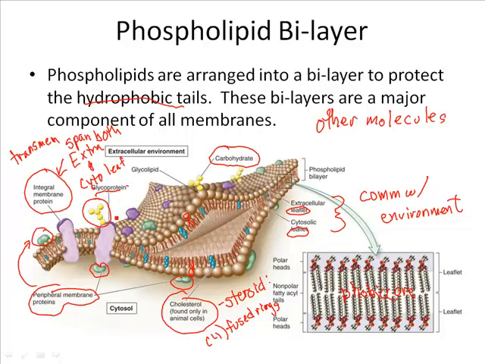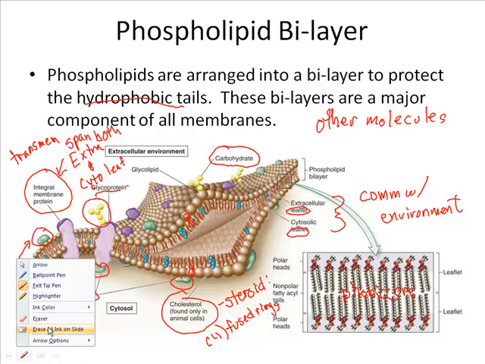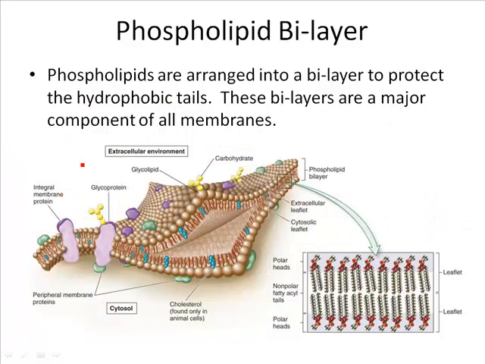Now recall, where was this glycoprotein added to the protein, and where was the glycoprotein modified? That's right. When we start to think about where sugars are added to protein, it's right in the rough ER. Those sugars are further modified in the Golgi apparatus.